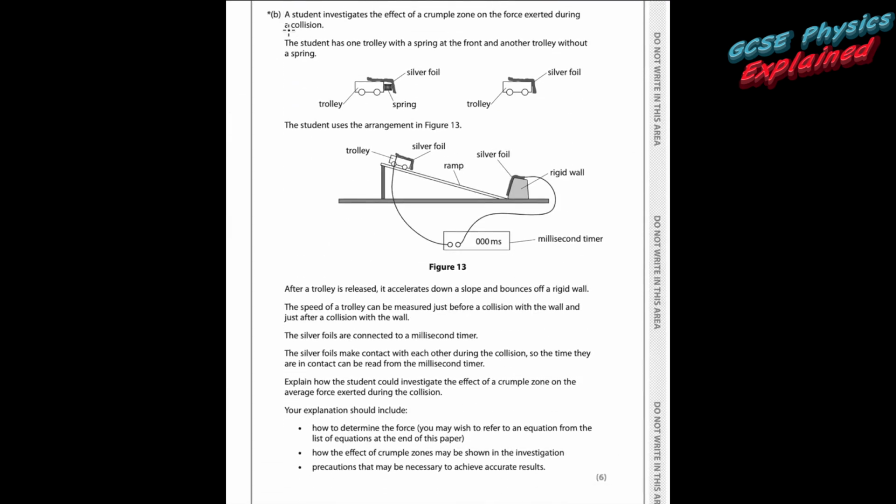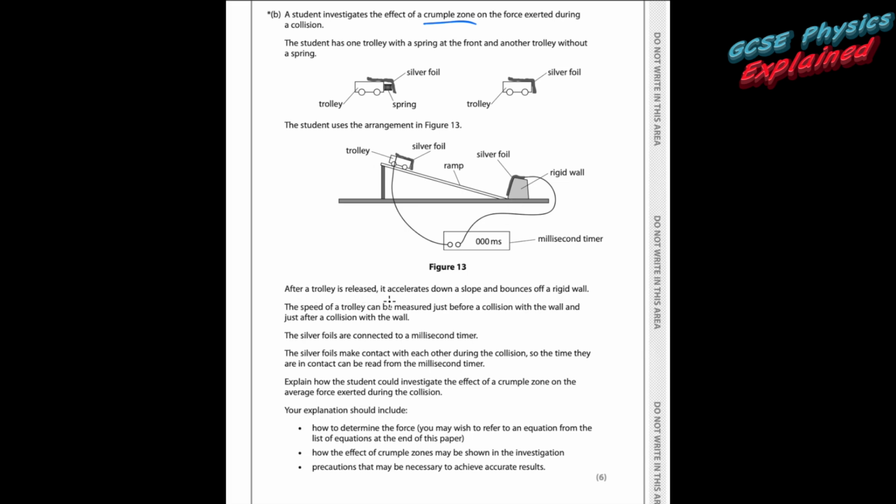Part B, a 6 marker. A student investigates the effect of a crumple zone on the force exerted during a collision. The student has one trolley with a spring at the front and another trolley without the spring. The student uses the arrangement in figure 13.